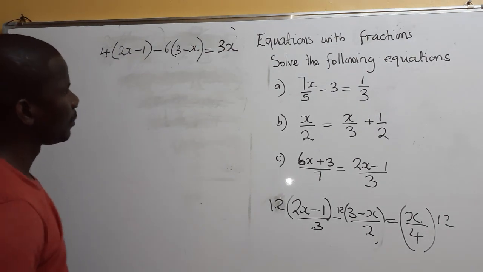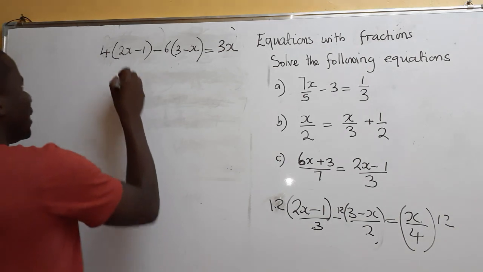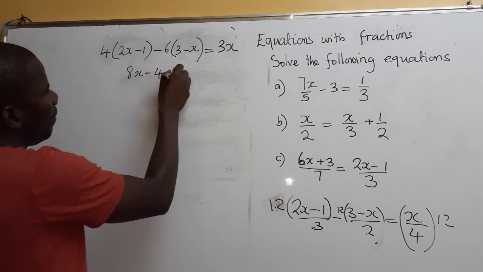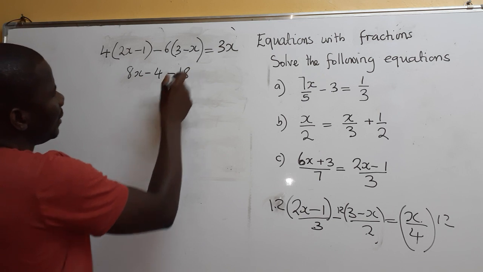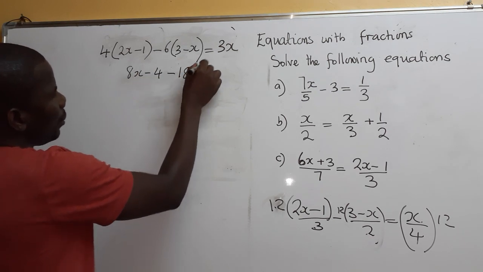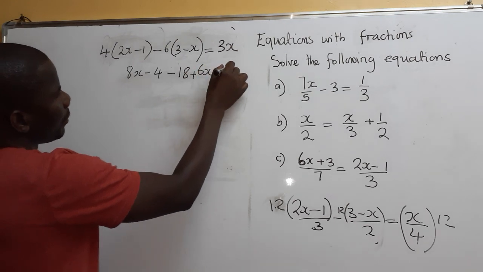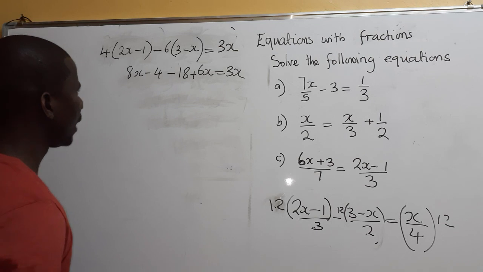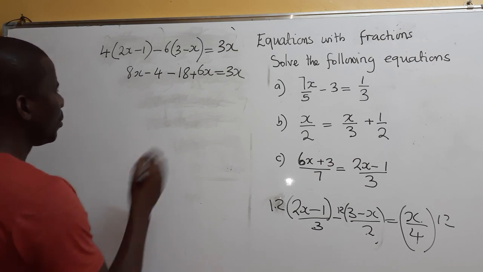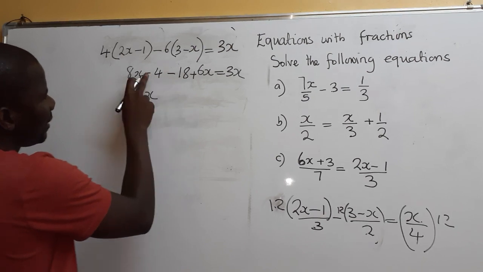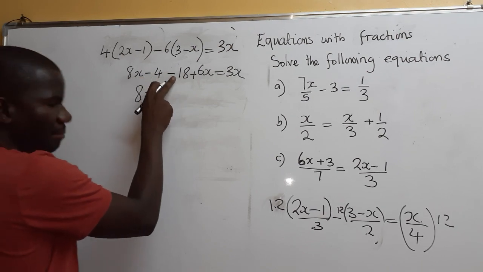Okay? So at this point, we get rid of the brackets. We're going to have 8x minus 4 minus 18. Take note, this minus and this minus will give us a plus. So we have 6 is equals to 3x. All right? So we can go on here and say 8x. When you simplify, this is a minus and this is a minus.